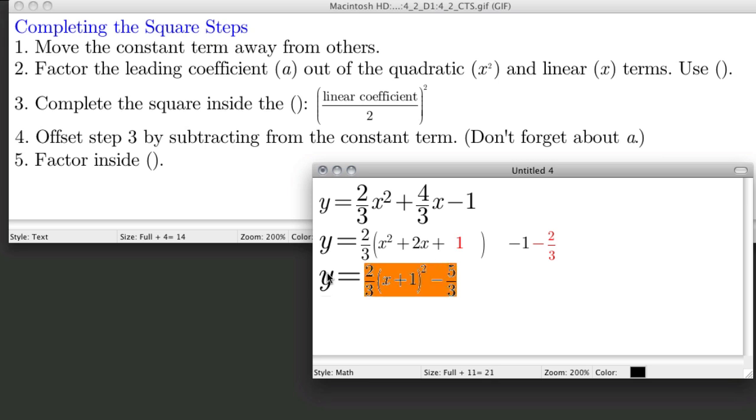And so we have converted the general or standard form of a quadratic into vertex form.